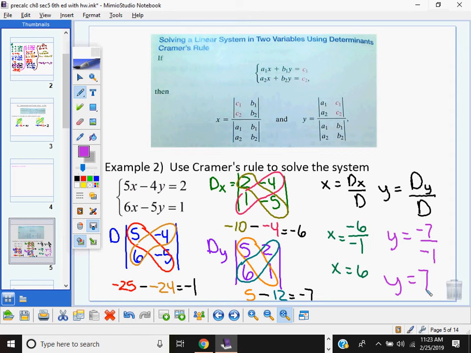So we know our answer is x is 6, y is 7. If we were to plug those in for x and y, we could check our answers to make sure we had this correct. 5 times 6 minus 4 times 7 will be 2. 6 times 6 minus 5 times 7 would be 1.